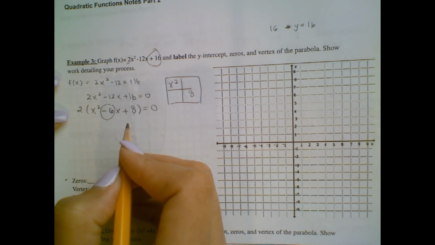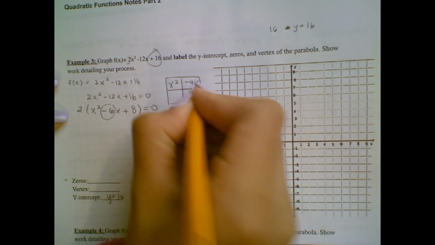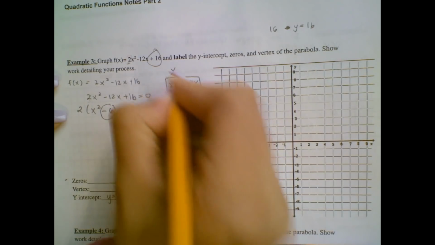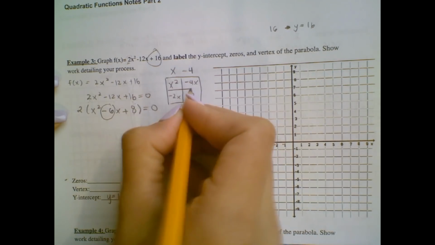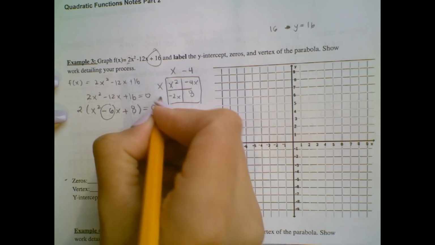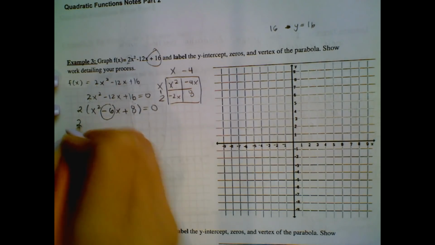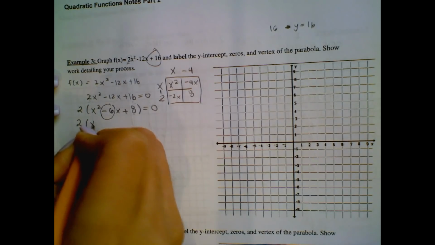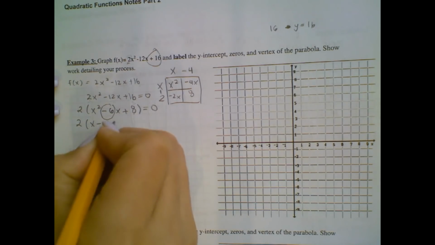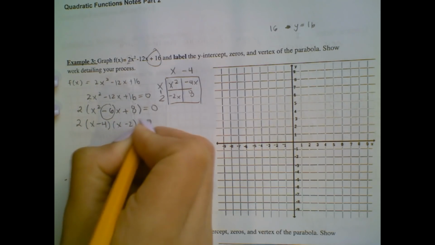I know that -4 times -2 is +8, and I know that -4 plus -2 is -6. So those end up working. Let's go ahead and pull out our common factors. So then this becomes 2 times (x minus 4) times (x minus 2) equals 0.